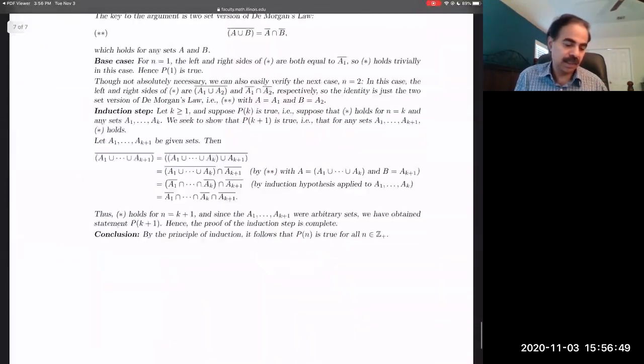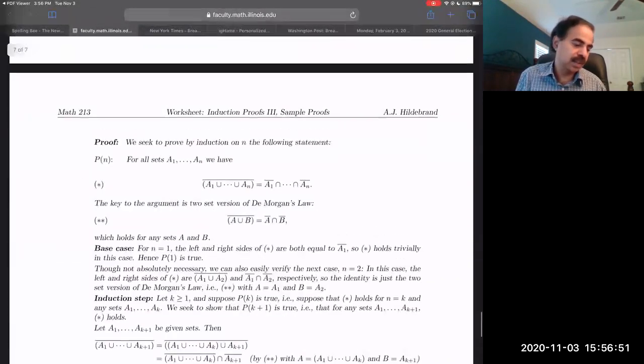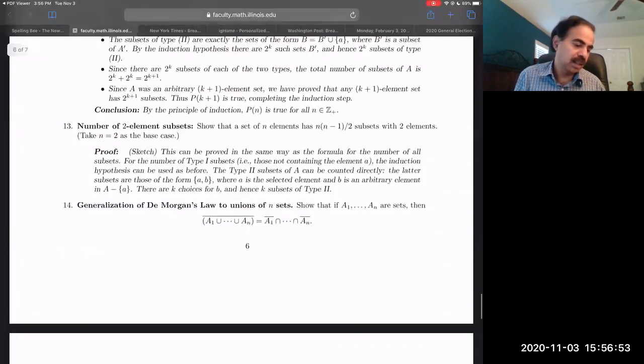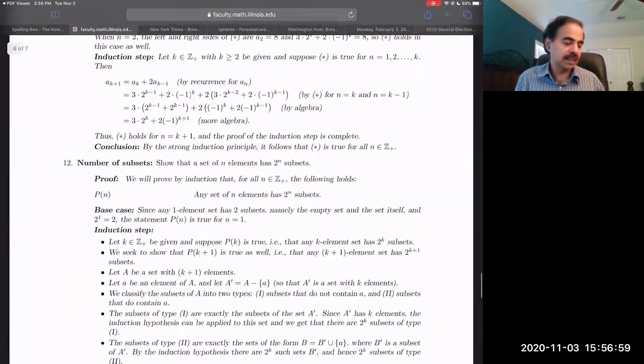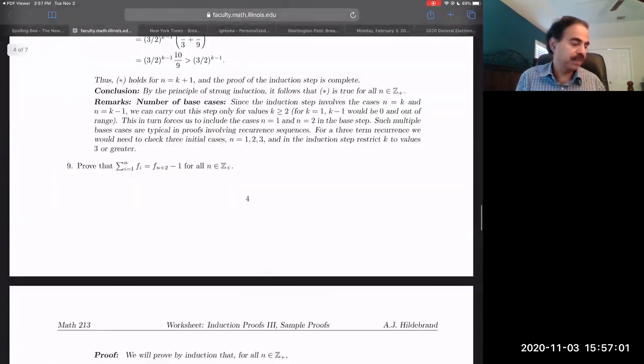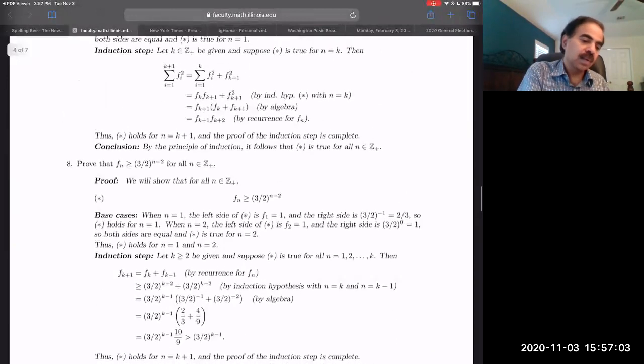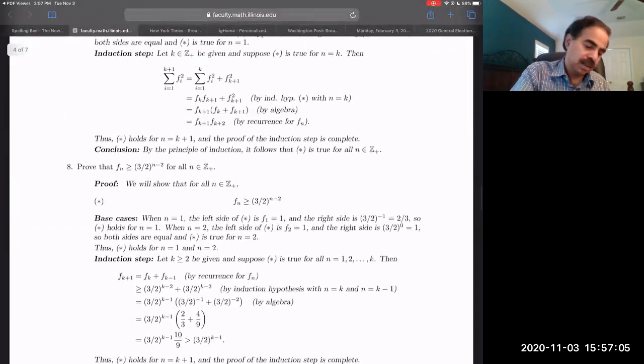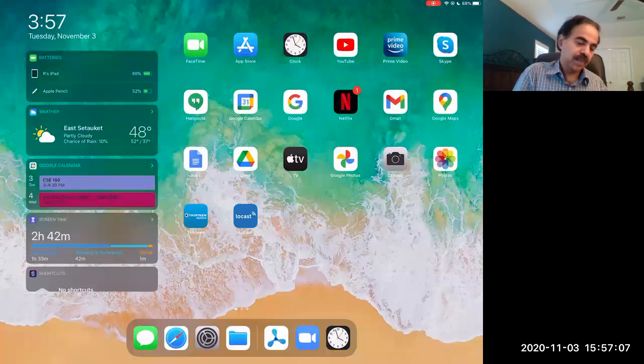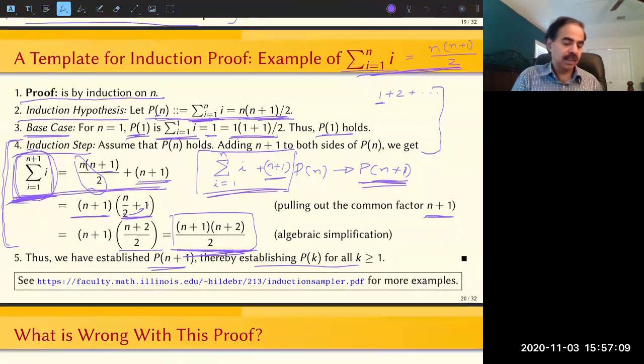Let's see how many there are. It's 7 pages and 14 problems, so it's a nice set of examples that you can look at. Okay, so let's go back. This is the URL, so you can just click on that and look at it.